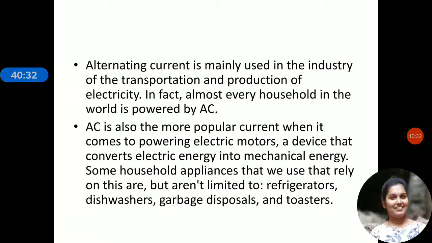Some household appliances that rely on this, but aren't limited to, are refrigerators, dishwashers, garbage disposals, toasters, etc. Those are all powered by AC. So this is how AC plays a crucial role in any electrical circuit, and it also makes us comfortable using all the electrical appliances without any disturbances.